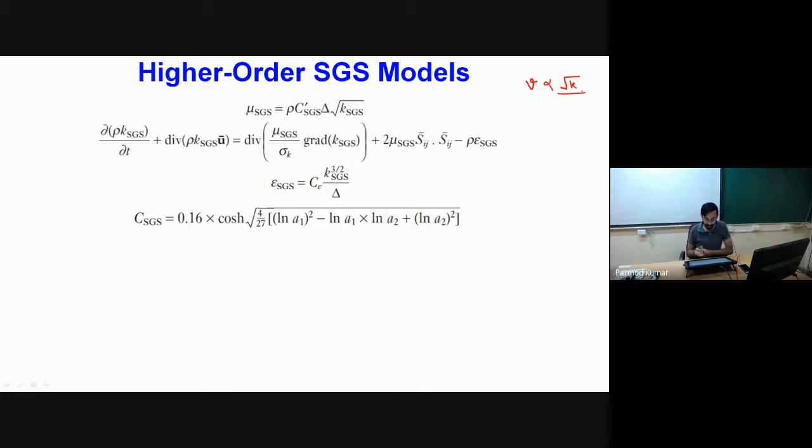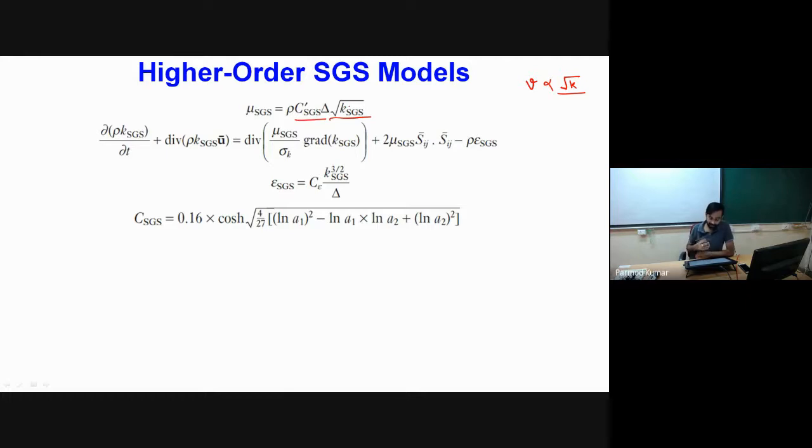This KSGS we have taken as an additional term, the turbulent kinetic energy, and this constant, instead of C, we are now calling C dash. So when we use this constant C dash and the square root of KSGS, we have to know the value of the SGS turbulent kinetic energy.